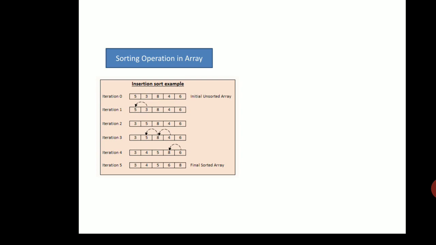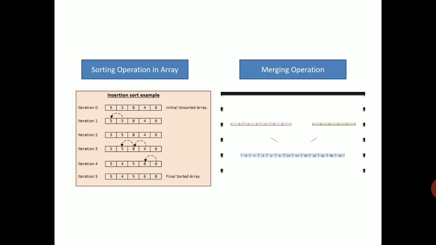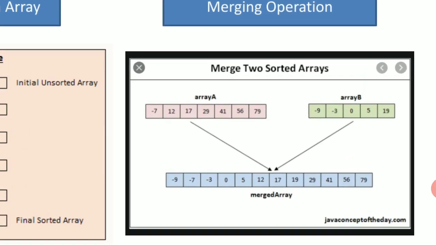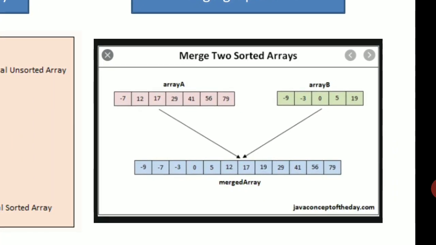So, this is the fifth operation, and the last operation is merging. What is the merging operation? As we can see on the screen, there are two arrays here, array A and array B. Array B is in green color, array A is a light pink color.